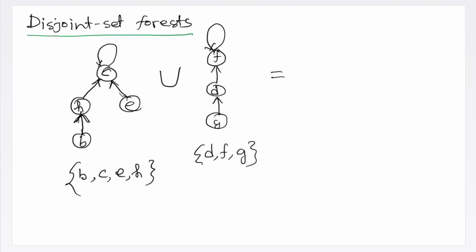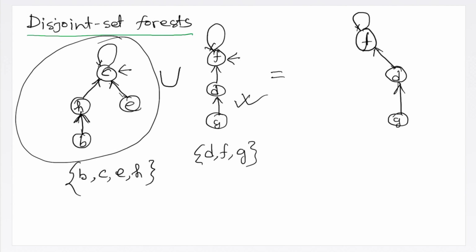If we want to create a union of these two trees, let's say that F will become the root. In that case, C will become the child. So, at first we will draw whatever tree we have associated with F, which is this second tree. Now we will draw this entire tree here.